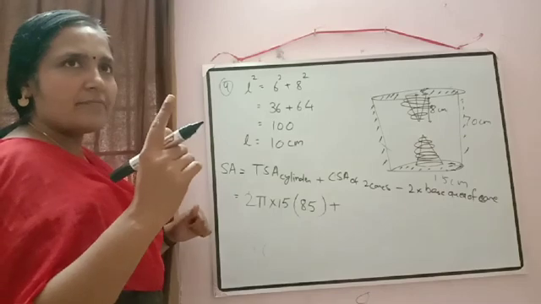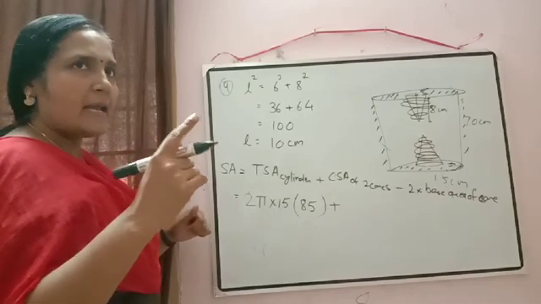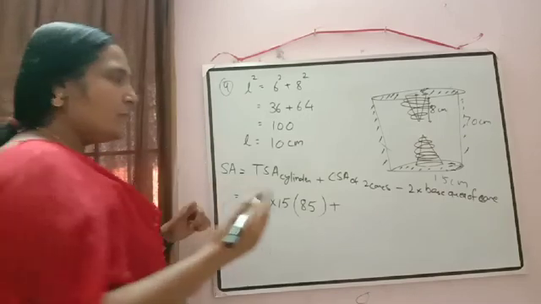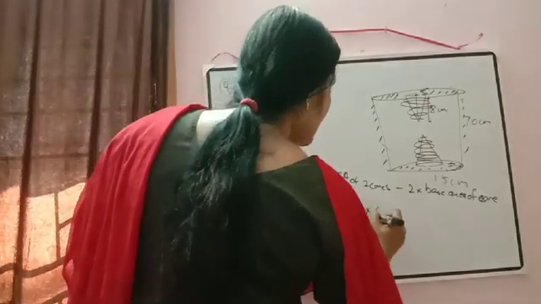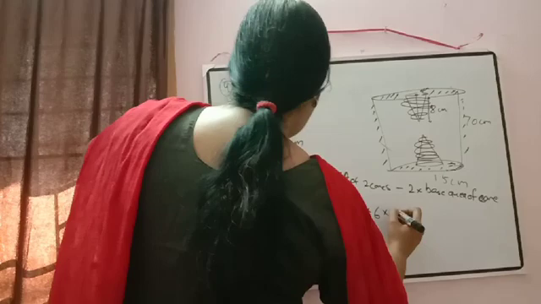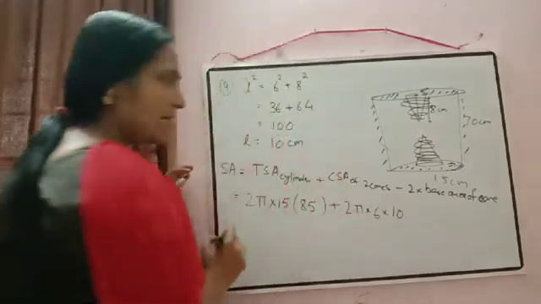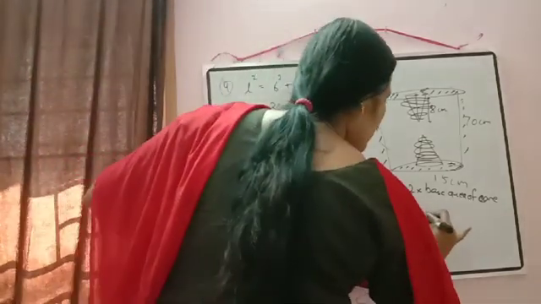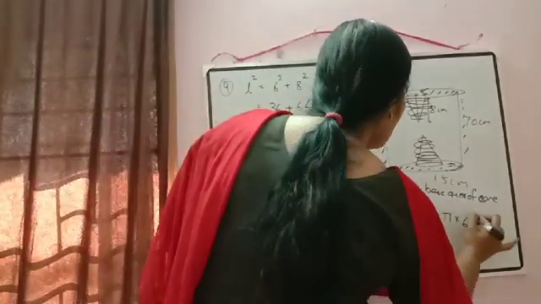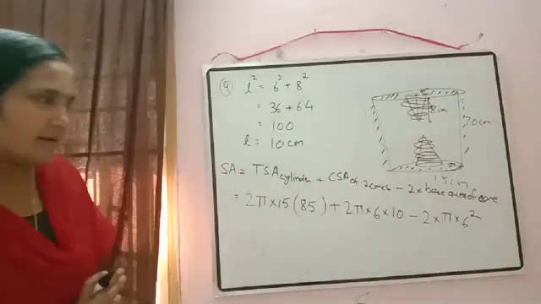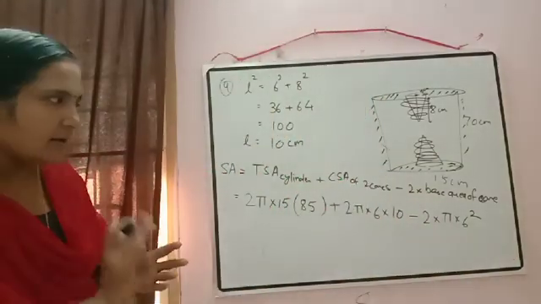What is the curved surface area of a cone? Pi r l, so 2 cones means 2 pi r l. So 2 pi into radius 6 into L. L we have just calculated, that is 10. Minus 2 into base area of cone, that is pi into 6 square.